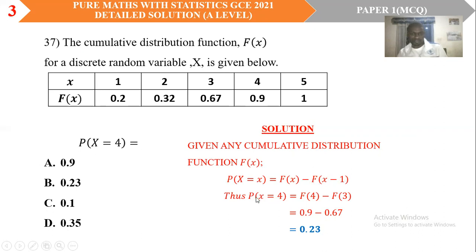Thus, the probability that x equals 4 is the cumulative distribution function of 4 minus the cumulative distribution function of 3. This gives 0.9 minus 0.67, giving us 0.23. Answer B.